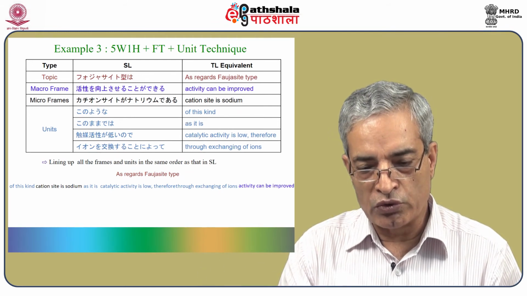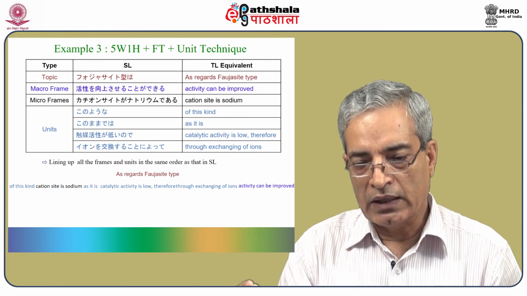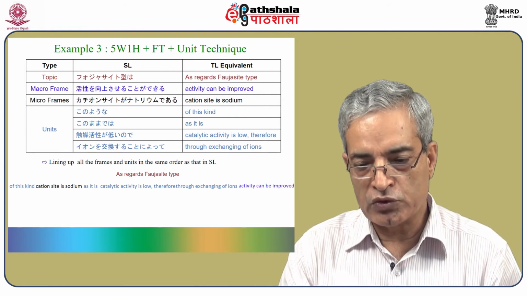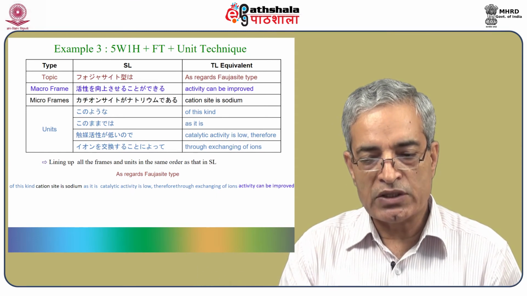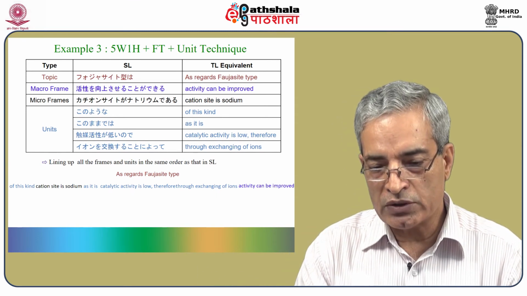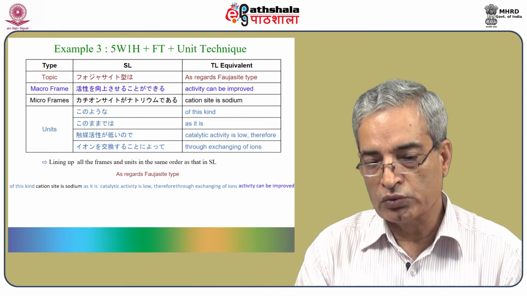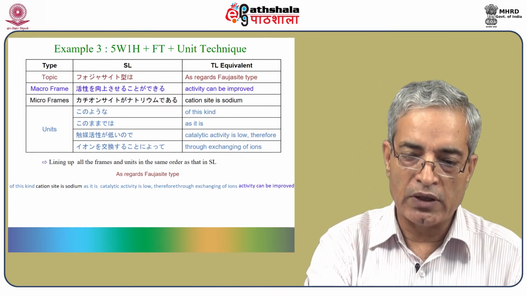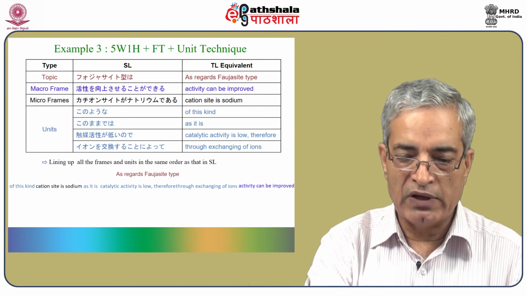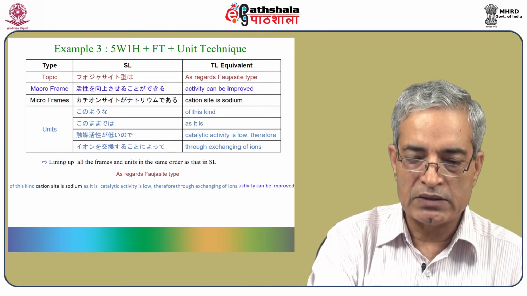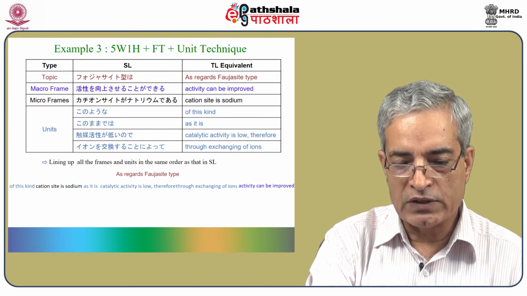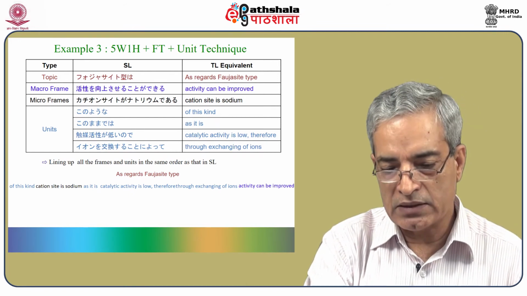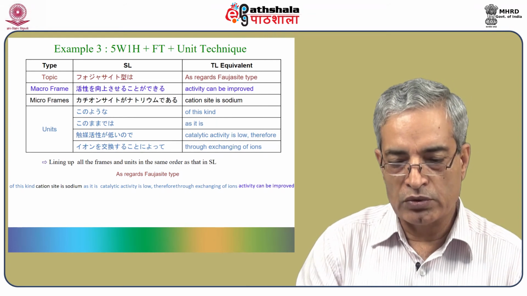So this goes into your database. Then there are "catalytic activities low, therefore". So "is low, therefore" can go into the database, through exchanging of ions, "suru koto ni yotte". So it is true. This can go into the database. And when we line up all these equivalents, it comes as: as regards phosphosite type, of this kind, cation site is sodium as it is, catalytic activity is low.